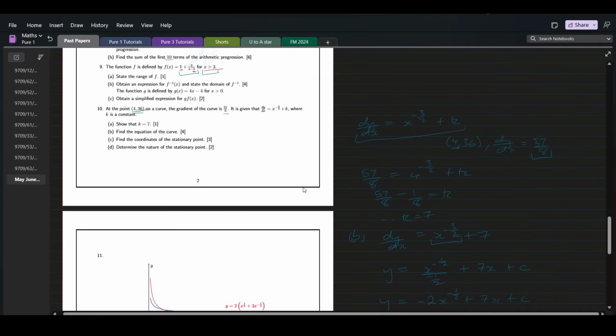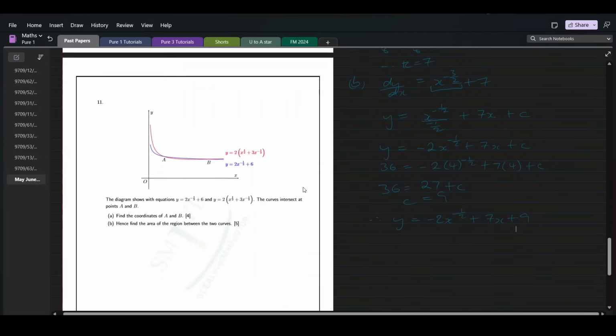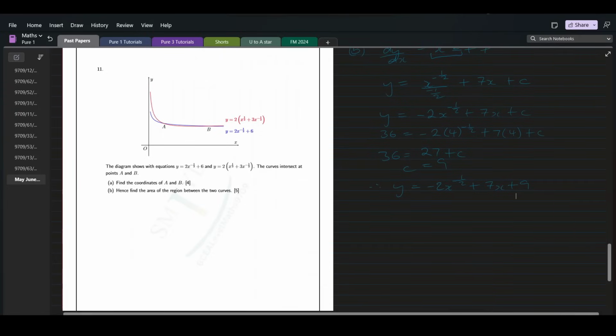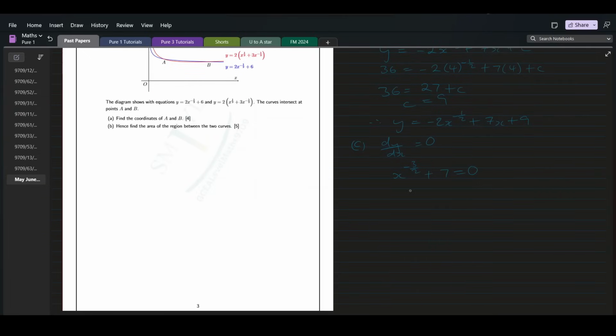Now part C says find the coordinates of the stationary point. So to get the coordinates of a stationary point, we equate dy/dx to 0. And we know that in our case, dy/dx is x to the negative 3 over 2 plus 7, and this is equal to 0. So this would become x to the negative 3 over 2 is equal to negative 7.